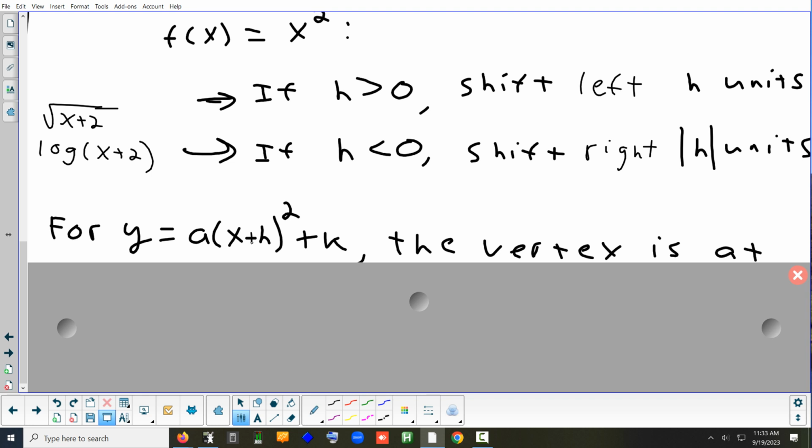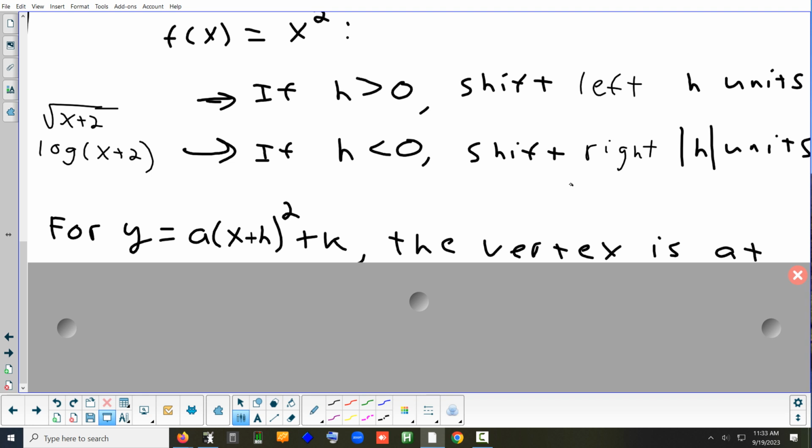So what if we want to find the vertex? The vertex is either the high point or the low point. Remember what we just did with shifting left and right? It was the opposite of what you thought.